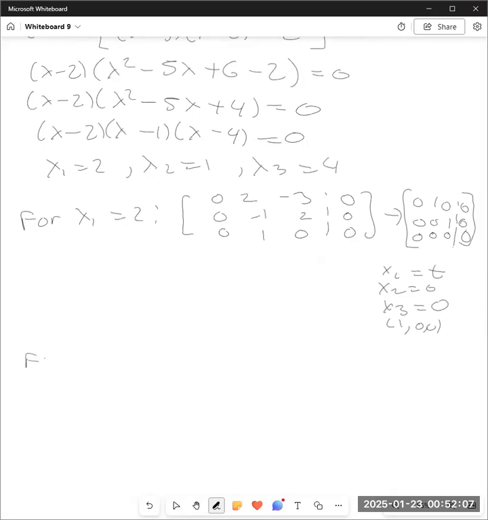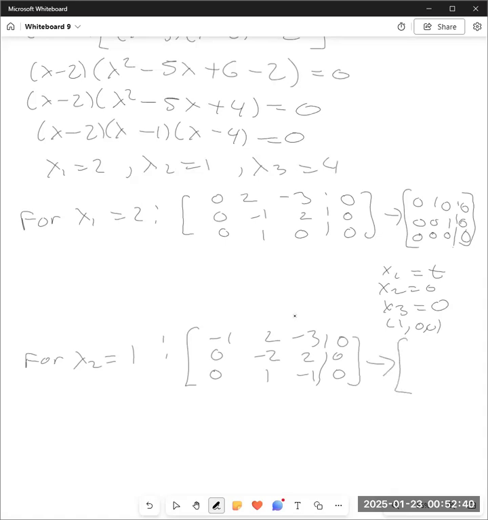For lambda 2 is equal to 1, we have 1 minus 2 is negative 1, 2, negative 3, 0, 0, 1 minus 3 is negative 2, 2, 0, 1, 1 minus 2 is negative 1. Those are all zeros on the right-hand side.